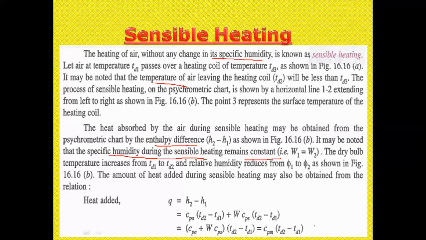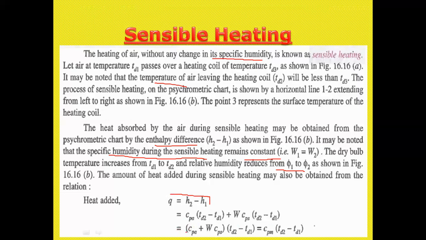The dry bulb temperature increases from TD1 to TD2 and the relative humidity reduces from phi1 to phi2. The amount of heat added during sensible heating may also be obtained from the relation: heat added is equal to H2 minus H1, that implies CPA times (TD2 minus TD1) plus W CPS times (TD2 minus TD1).